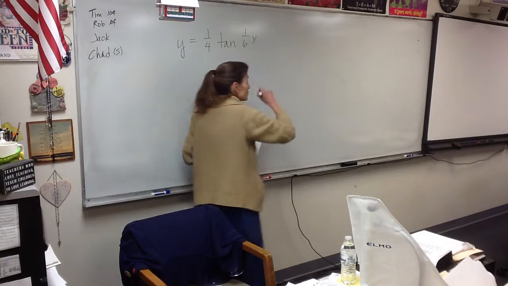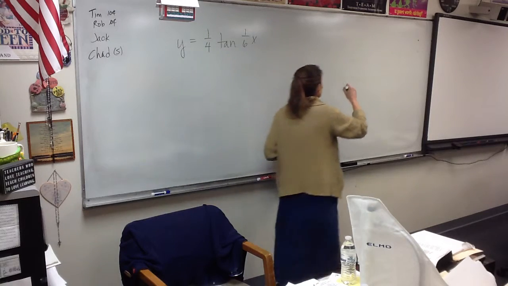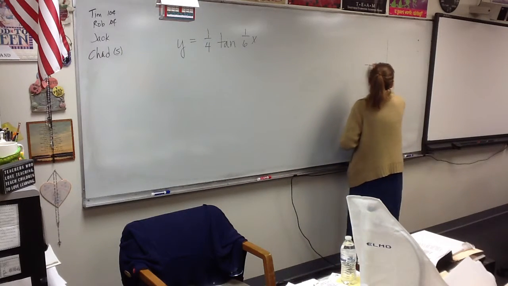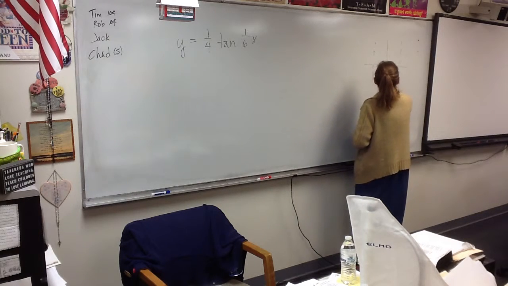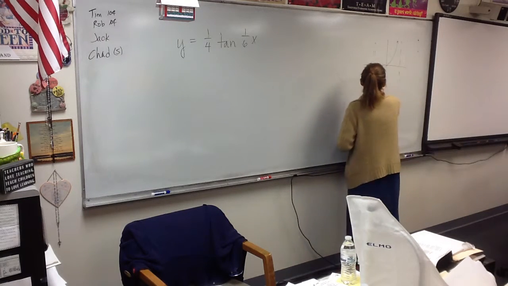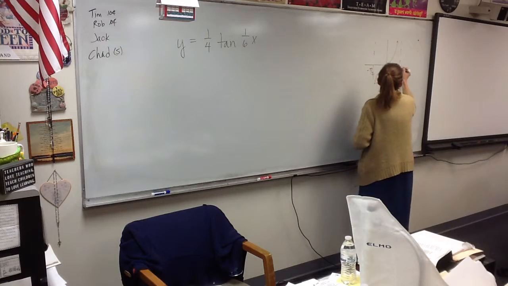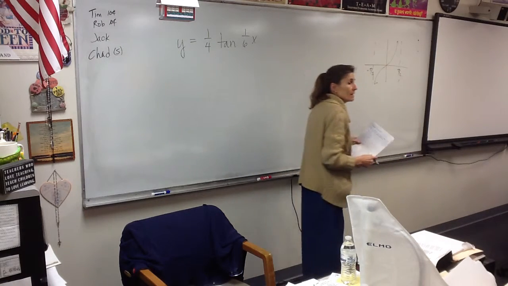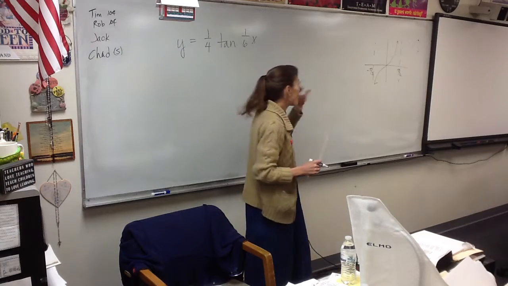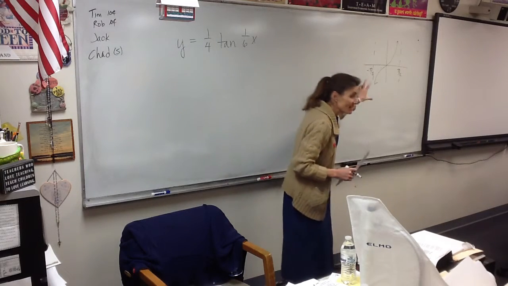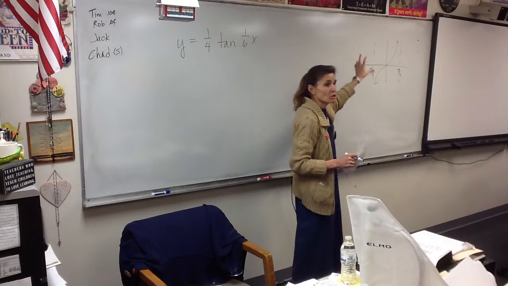Now, first thing, we're graphing a tangent. So I'm going to keep in mind what a normal tangent looks like. Now, I don't get a cheat sheet on this test, okay? I've got to memorize what a regular tangent looks like.